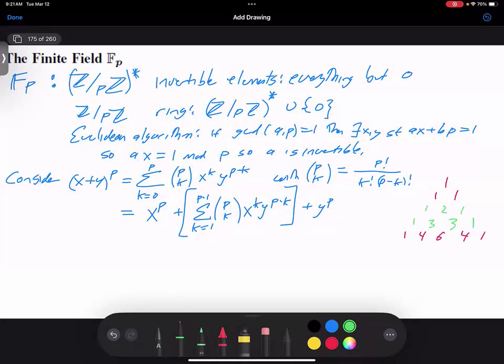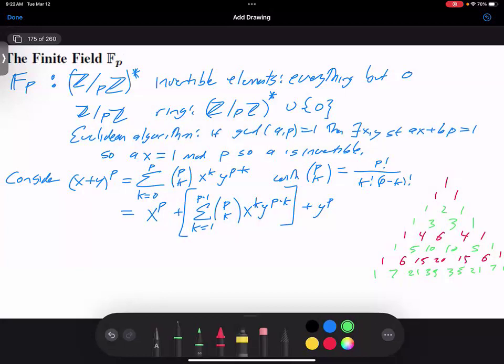The next row is prime: 1, 5, 10, 10, 5, 1. Next row is not prime: 1, 6, 15, 20, 15, 6, 1. Next row is prime: 1, 7, 21, 35, 35, 21, 7, 1, and so on and so on.